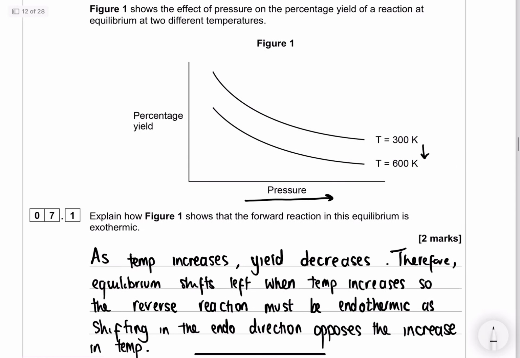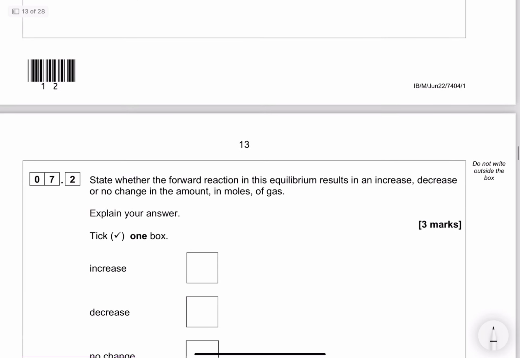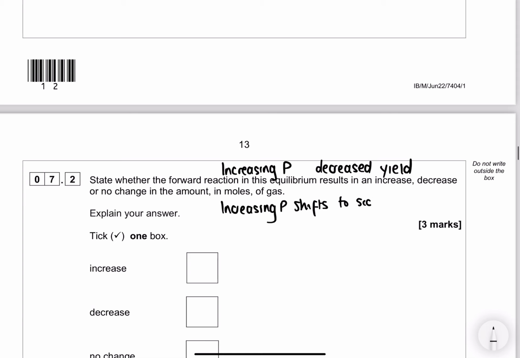So if we go back and look, remember that increasing the pressure decreased the yield. So increasing P decreased yield. Now increasing P shifts to the side with fewest moles, and if we decrease the yield, therefore fewer moles on left, because we went backwards when we increased the pressure.